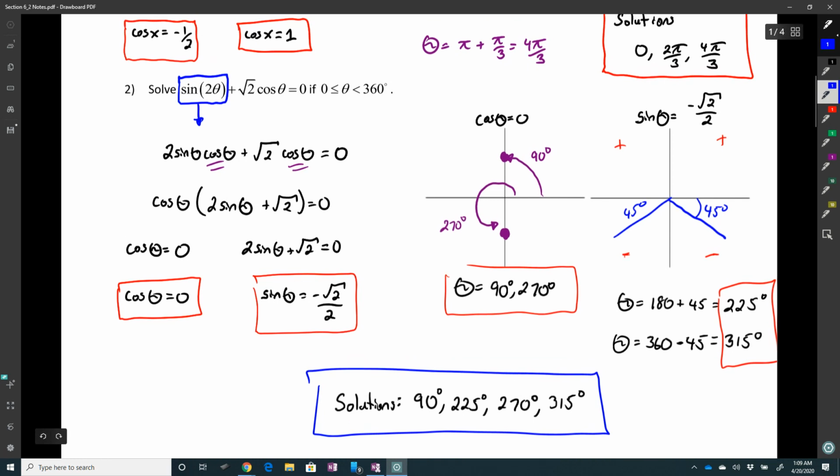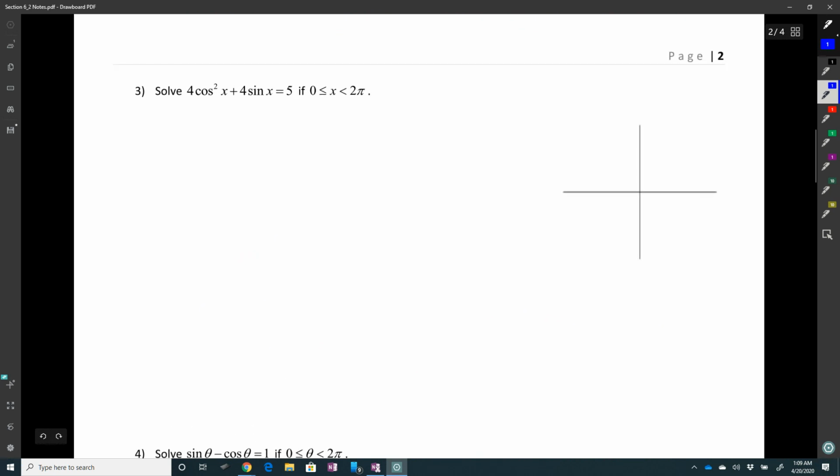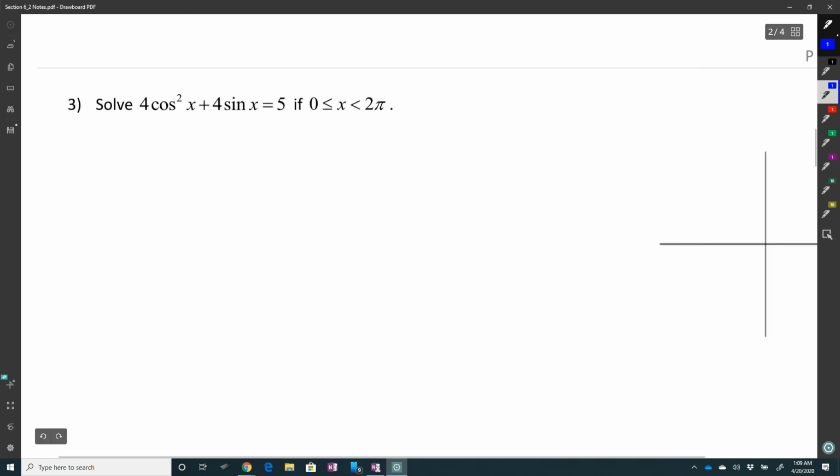All right, so that's it for that page. Let's go to the next page. So I have solve 4 cosine squared x plus 4 sine x equals 5. Now this is set up like a quadratic because we have a cosine squared and a cosine. So I'm just going to subtract the 5 so that I can complete the quadratic.